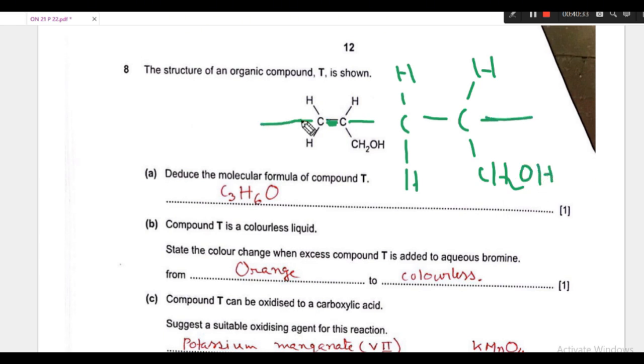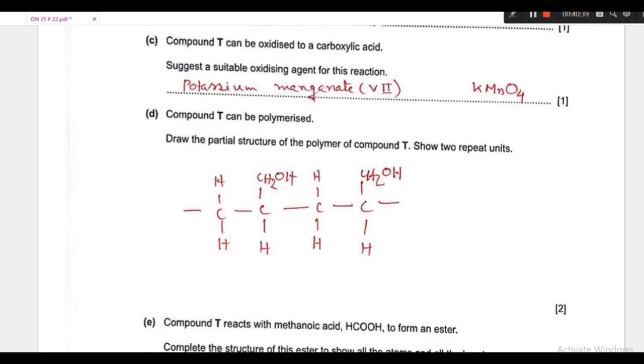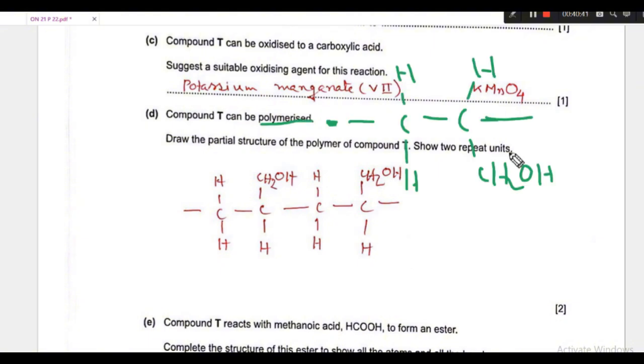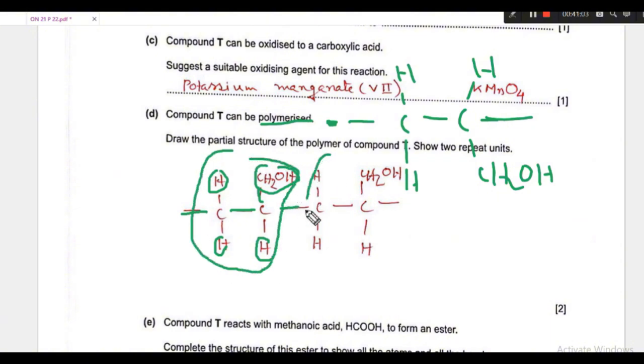This will be a single bond. Now you see, same, the C bond open, this carbon contains 2 hydrogen, the double bond becomes single bond, this carbon contains CH2OH, this carbon hydrogen, bond open, another repeat unit is added to this. This is the 2 repeat units, one repeat unit, another repeat unit. This is addition polymerization.